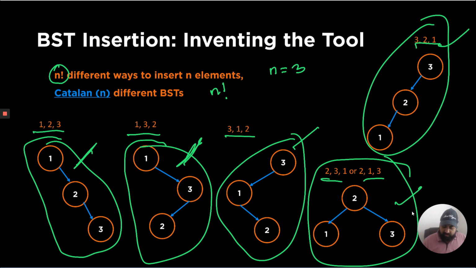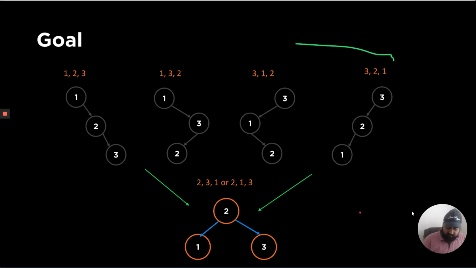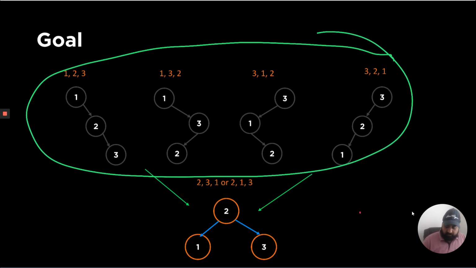So our goal is to transform all these different spindly states into a bushy state. So we have these 4 different states and we want to transform them into this state, or we want to reach this state. And I'm going to make a claim that whenever we are creating a tree that has, let's say, 100 nodes, we can apply these tools of rotations to every 3 elements.